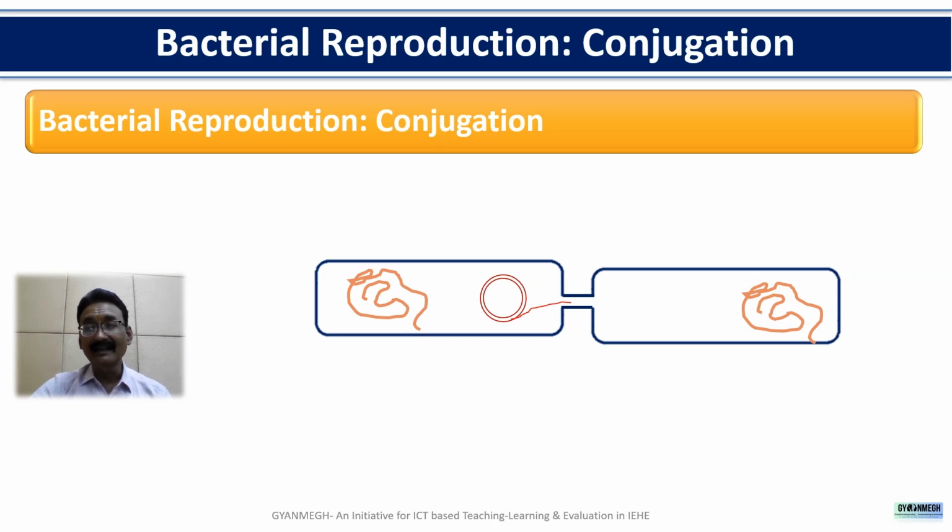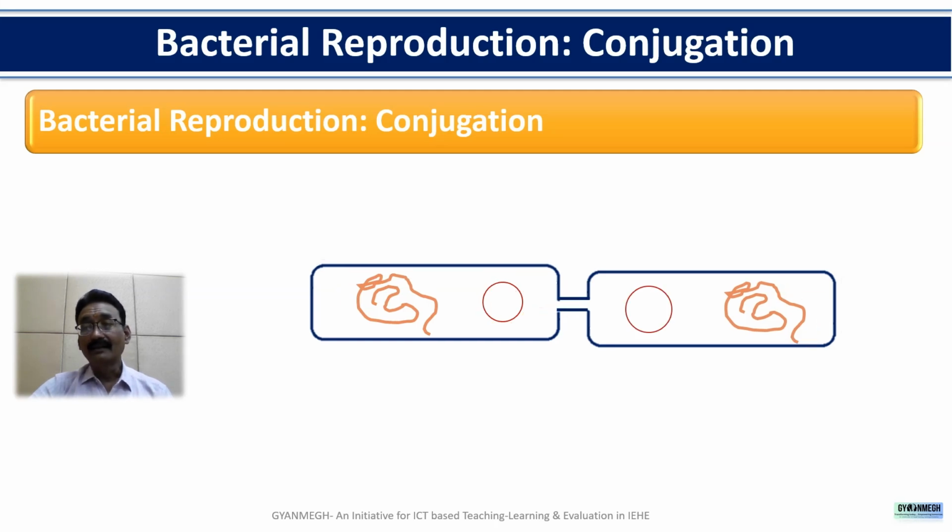As the DNA is unwound, replication occurs, generating a complementary single-stranded DNA molecule in the donor cell. Now, once the pilus-mediated connection between donor and recipient cells is established, the transfer of genetic material can begin to the recipient cell via the pilus.